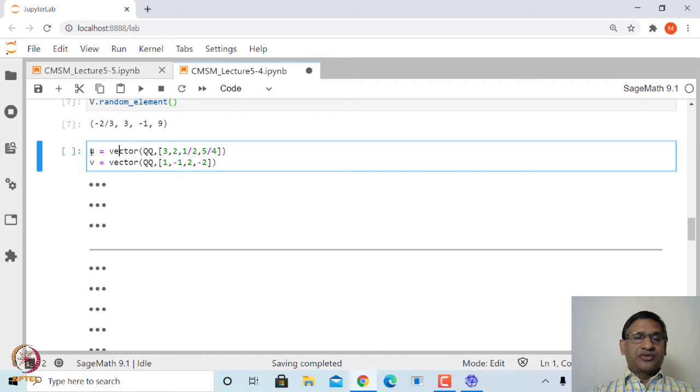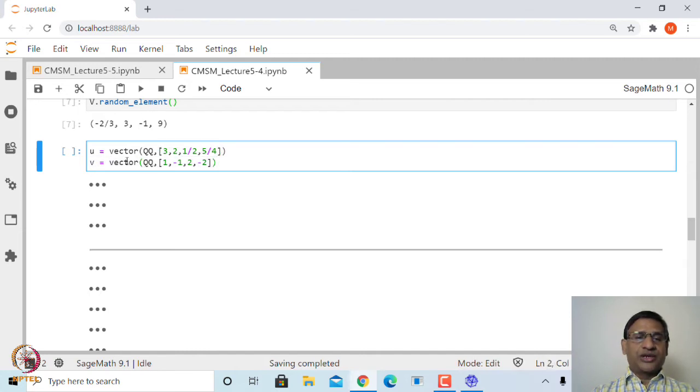Suppose you define a vector, we will define it exactly in the same way as we saw earlier, a vector over QQ. Here you need to mention the field from which the scalars are taken, and then mention the components in square brackets, for u and v.